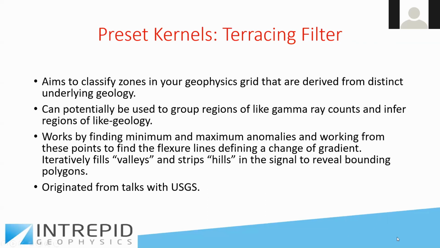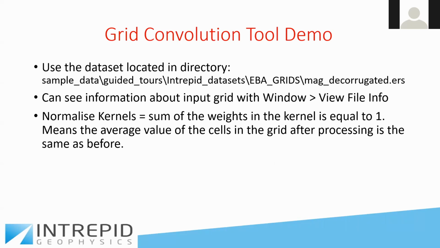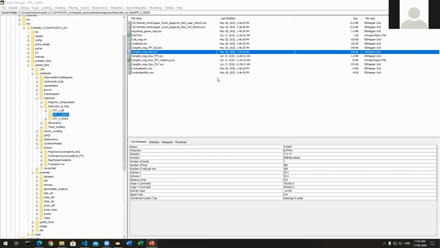So it basically works by finding minimums and maximums and working from these points to fill hills and valleys to get even areas, almost like terraces, to reveal ideally bounding polygons. Originally, it was asked for by USGS for radiometrics data specifically. So I'll just very quickly go through.